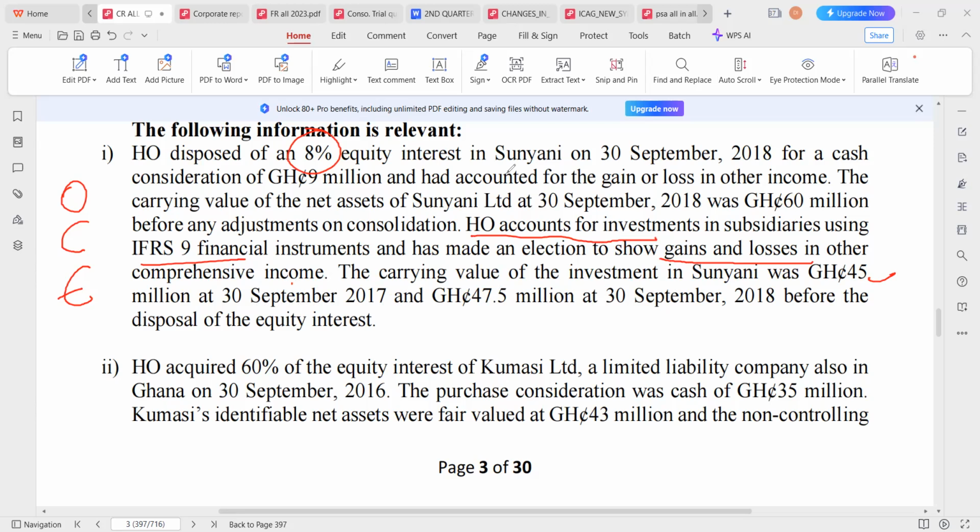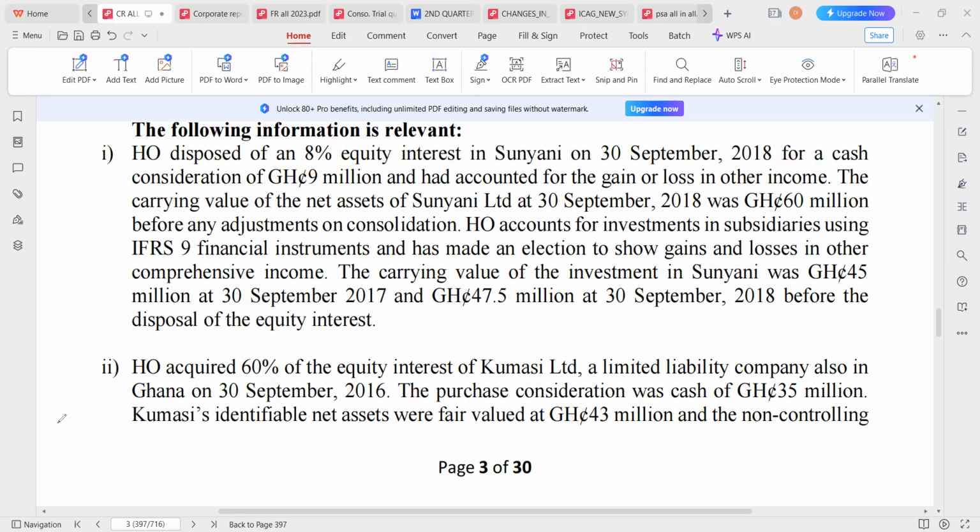So here you can see that there has been a gain of 2.5 million. So here we'll do a reversal of that from the OCI. And then we will calculate the gain on the disposal of the 8. That is all. The full question, I've done it in there, and you can easily go through it. That note is done.